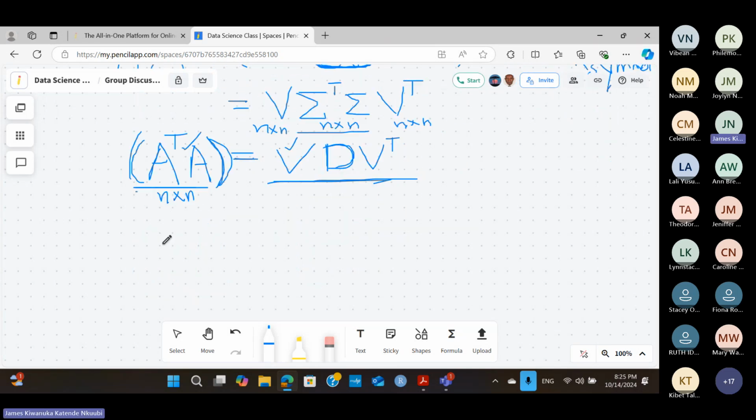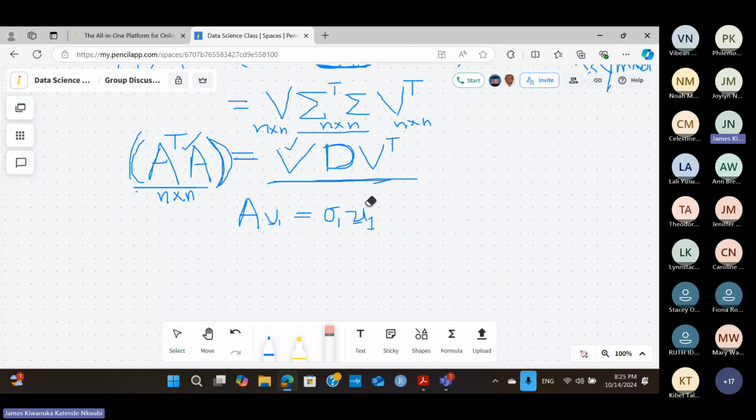So remember earlier, we said how this works is we are looking for this kind of transformation where A multiplied by the first element is equal to sigma 1 U1. Sorry, U1. So these are vectors. V1 and U1 are vectors.